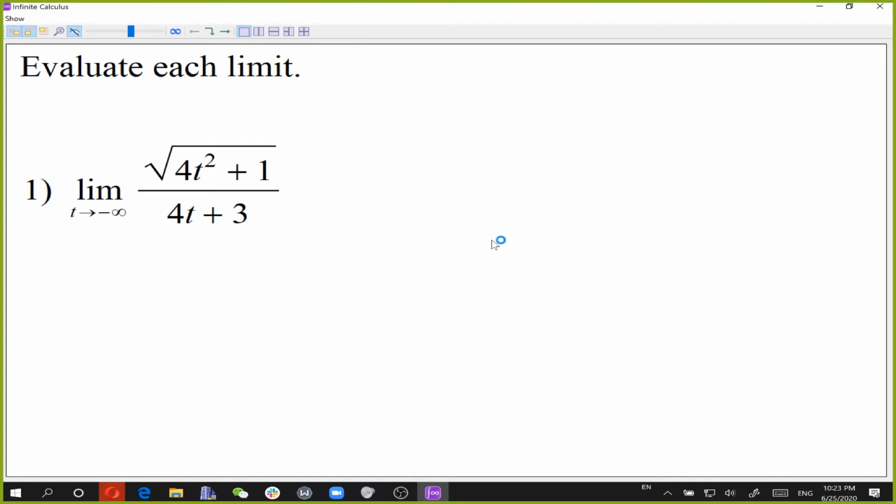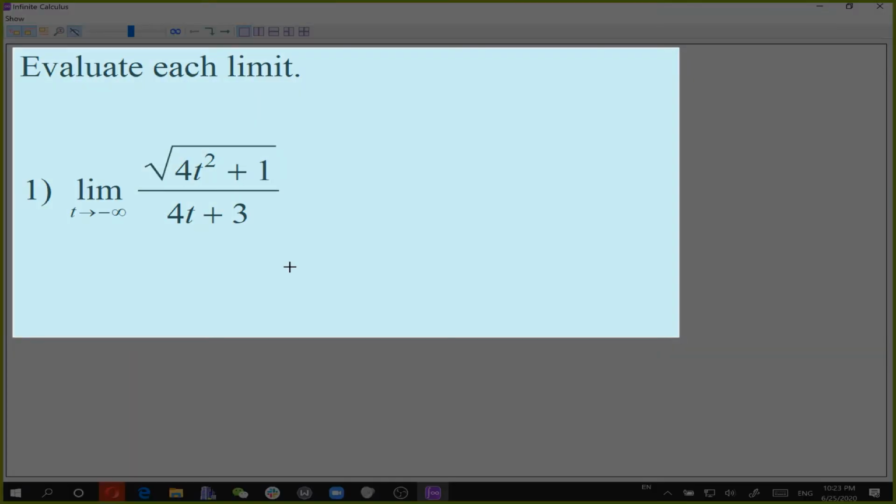Okay, so for this one, I just realized now I'm not going to be able to annotate this, I don't think. So let me grab a screenshot.